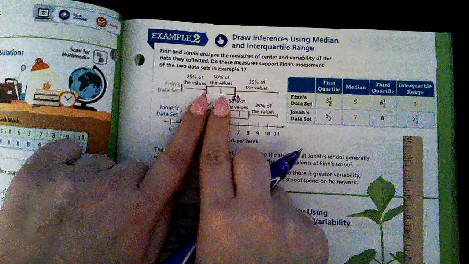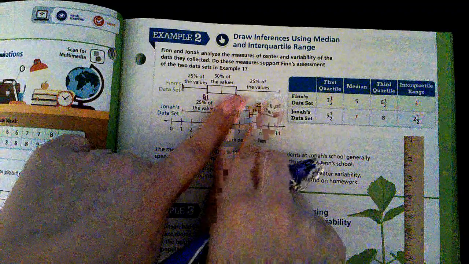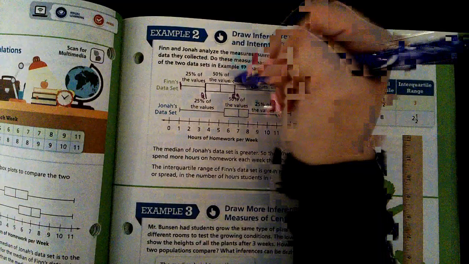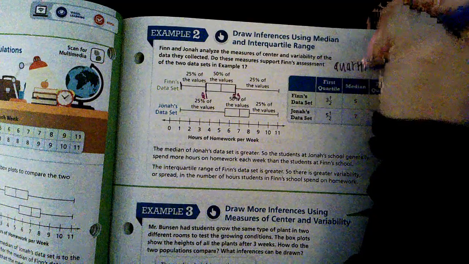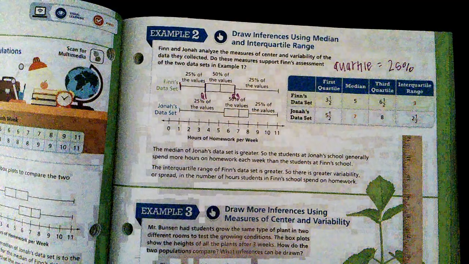This area from here to here is our quartile 1 data. Here is quartile 2, there's quartile 3, and last but not least, there's quartile 4. So each quartile is 25% of my data.